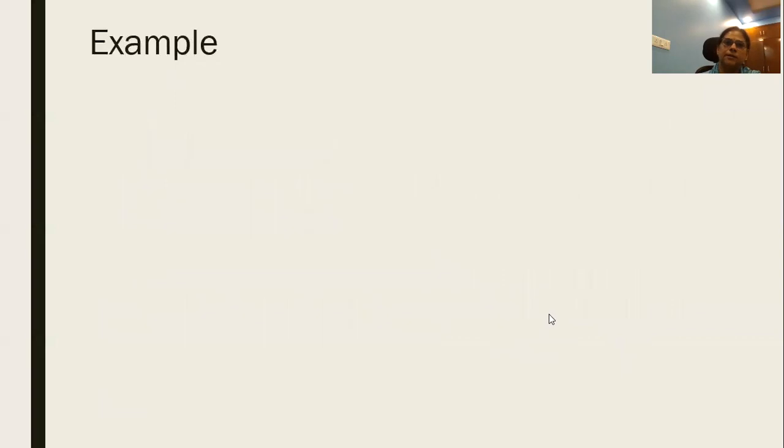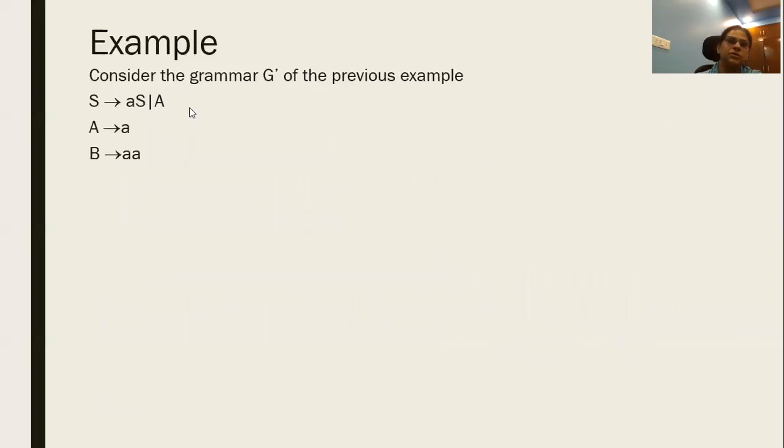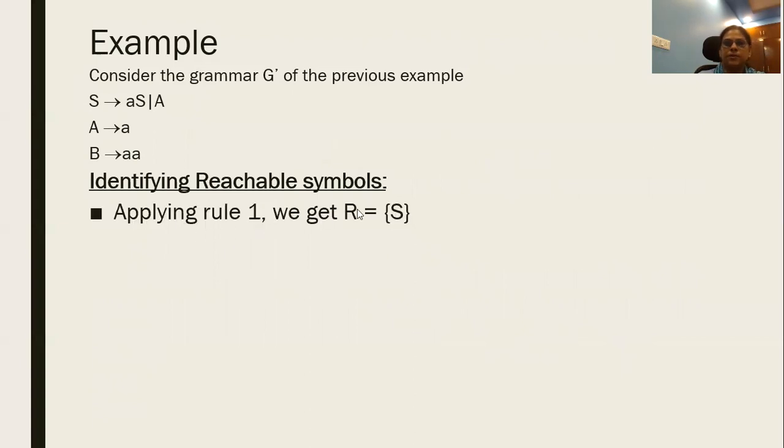Let us see another example. We'll continue with the same example. This is the grammar that we obtained after eliminating the non-generating symbols. Now again, we apply the basis step. When we apply the basis step, the set of reachable symbols contains the start symbol S. Now if you look at the first production, S derives AS, S is already reachable, so we need not add that. Then we have S derives A. S is reachable, so A is also reachable.